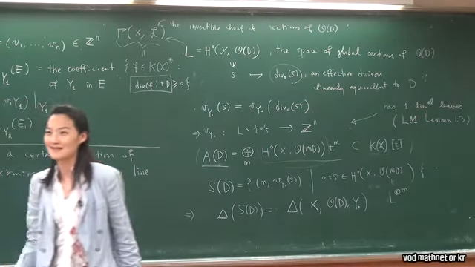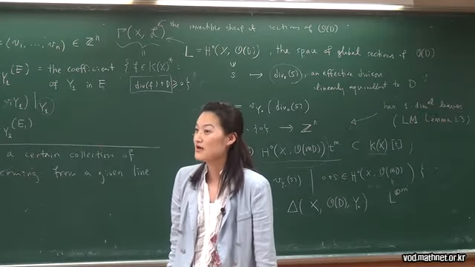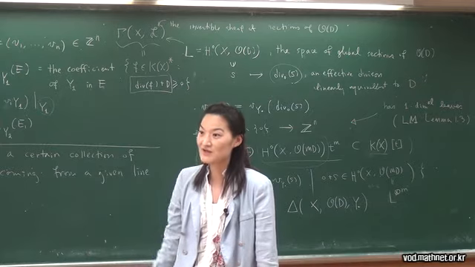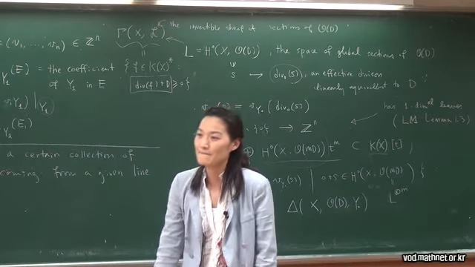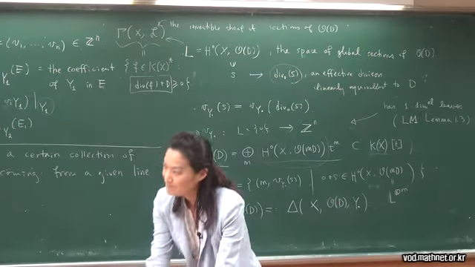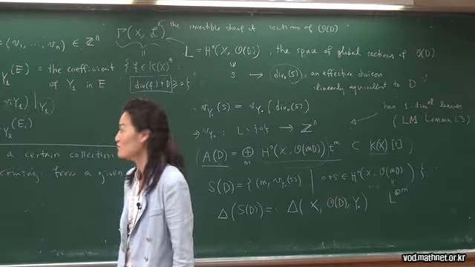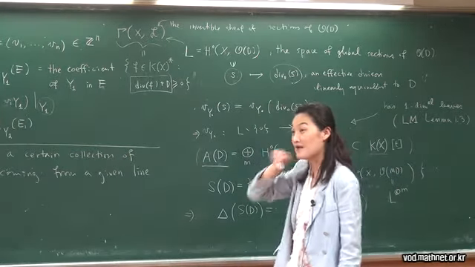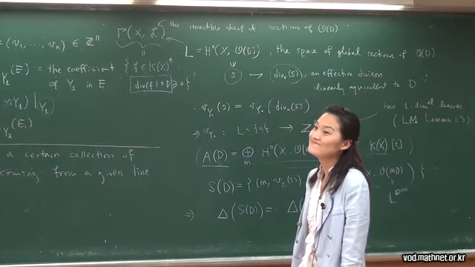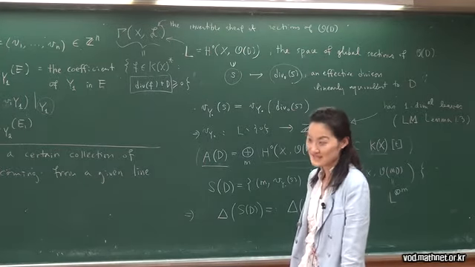If you choose different sections, you get different divisors, but you still get the same line bundle, isomorphic to each other. So the line bundle is given, and then a section is given. If a line bundle is given and a section is given, then this defines an effective divisor.